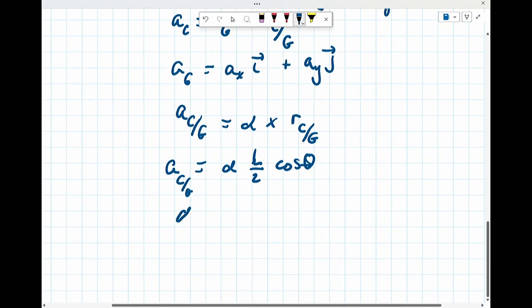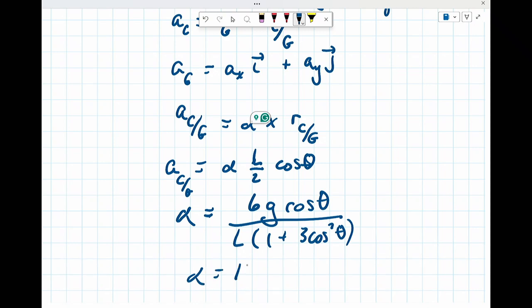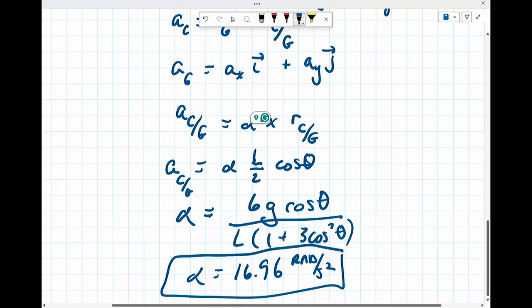Substitute in terms, alpha is equal to 6 g cos theta over L times (1 plus 3 cos squared theta), and alpha is equal to 16.96 rad per second squared. And you'll notice that I do keep in all of this my radians, and I use them as units even though I'm not going to call it rad squared or anything like that. Go ahead.